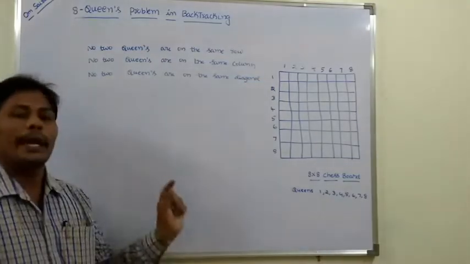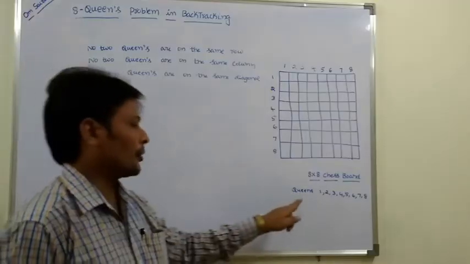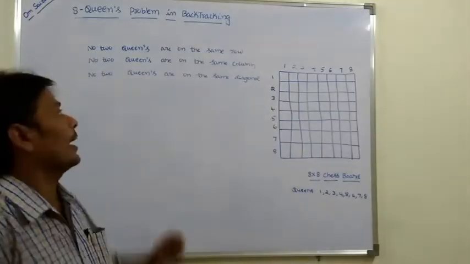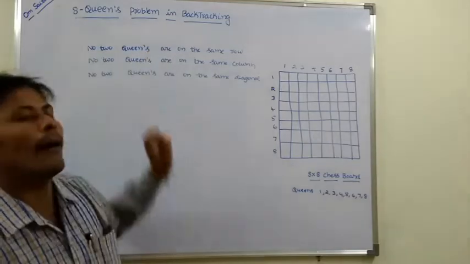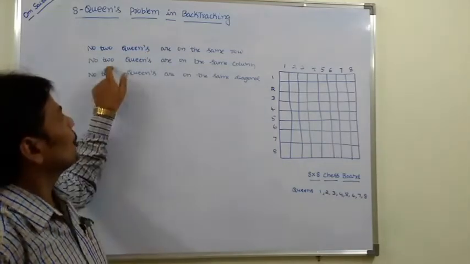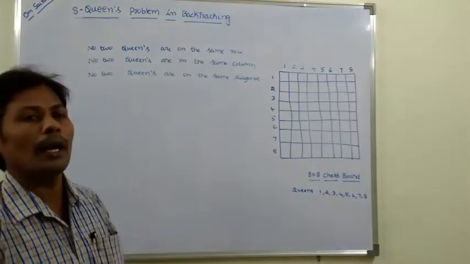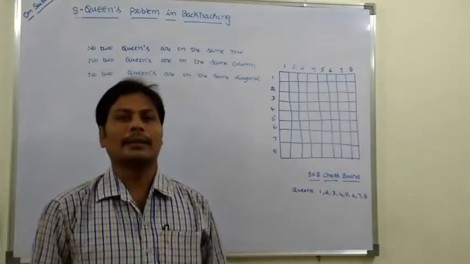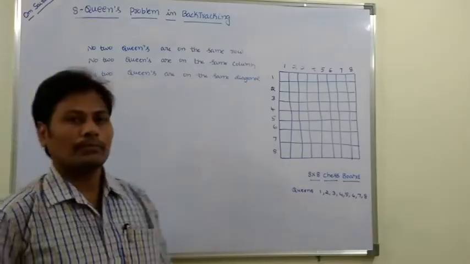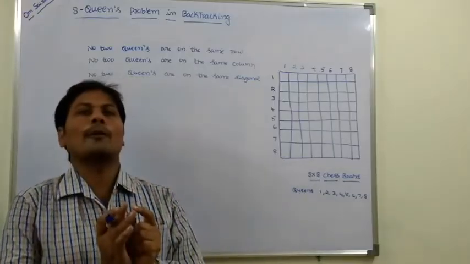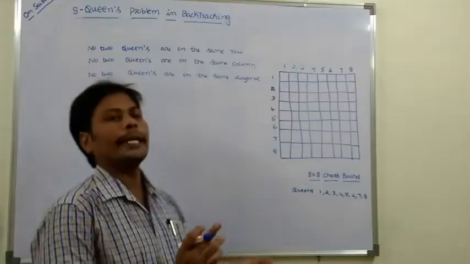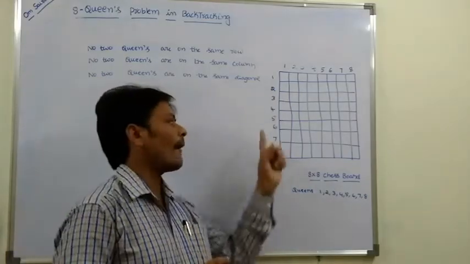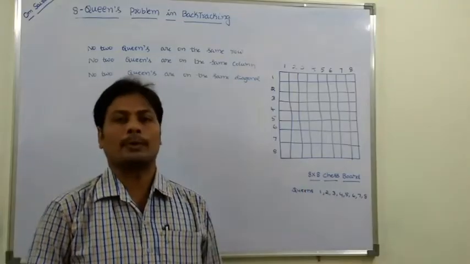We have to place 8 queens on an 8 by 8 chessboard such that no two queens are on the same row, same column, or same diagonal. These are the constraints we have to follow in the 8 queens problem while placing 8 queens on the 8 by 8 chessboard.